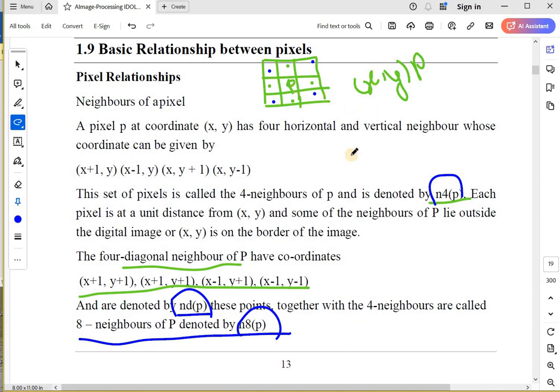Pixel P given by x, y has 4 neighbors, 2 vertical, 2 horizontal, given by these coordinates, denoted by N4 of P. Now P also has 4 other diagonal neighbors, shown in blue color, given by these coordinates, which are called ND of P. Now N4 of P and ND of P together give you N8 of P. Okay, a very simple concept of neighbors of a pixel.